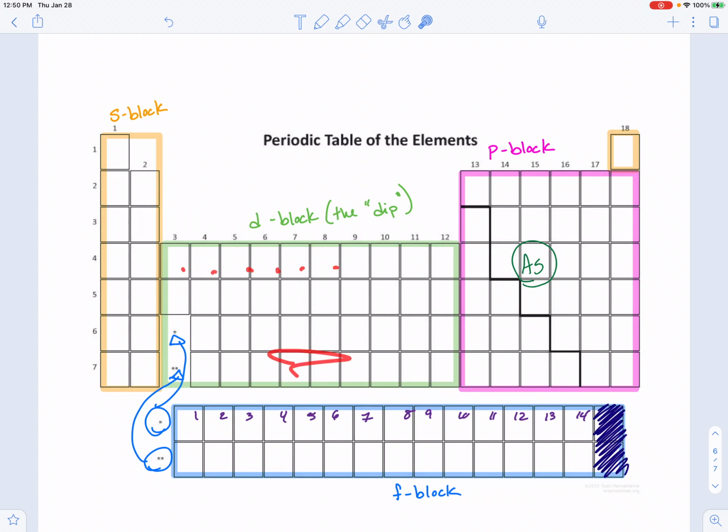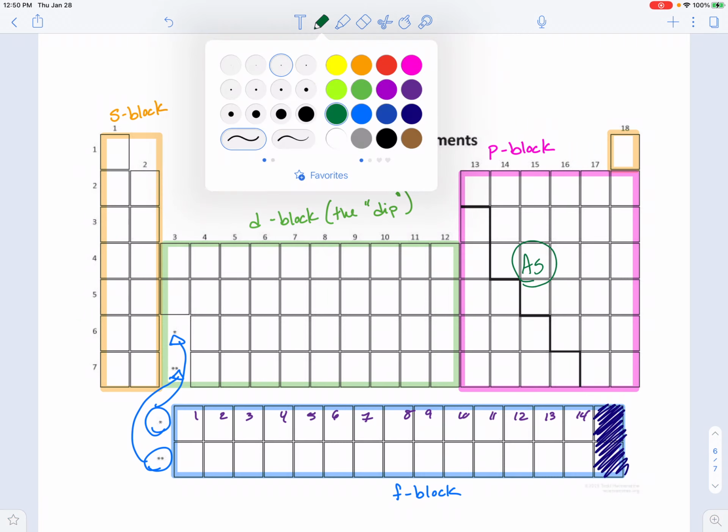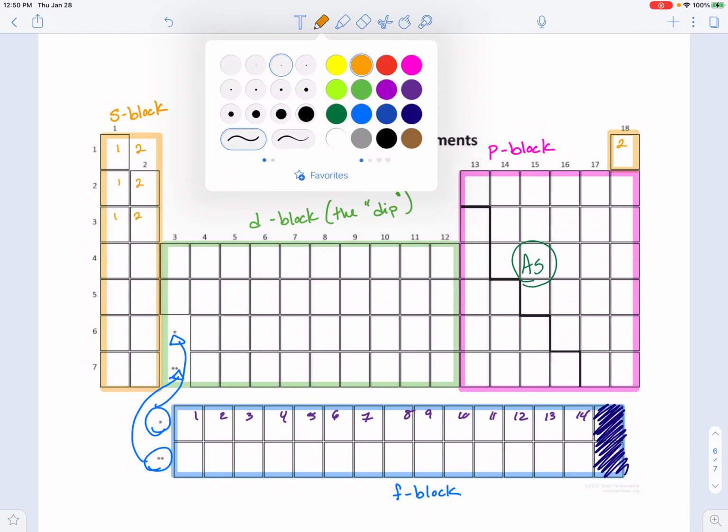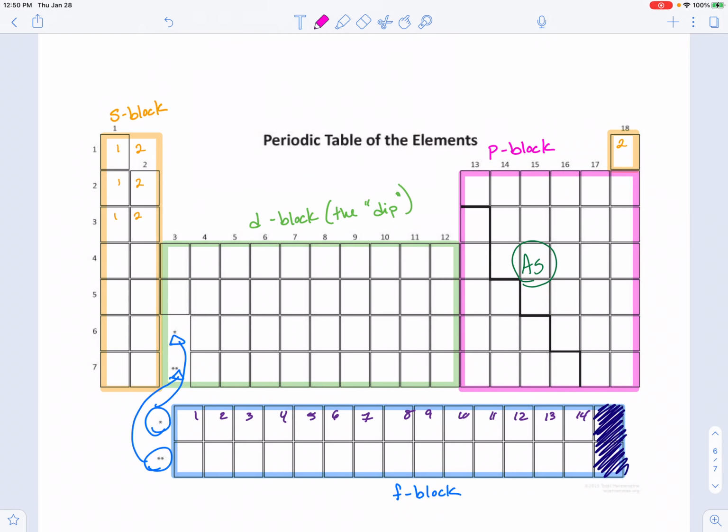Okay, so let's go ahead and get started with talking about this. The first thing that is really helpful to notice is that your S block is only 2 columns wide. So 1, 2. It's helpful to note that your P block is 6 columns wide, so 1, 2, 3, 4, 5, 6.